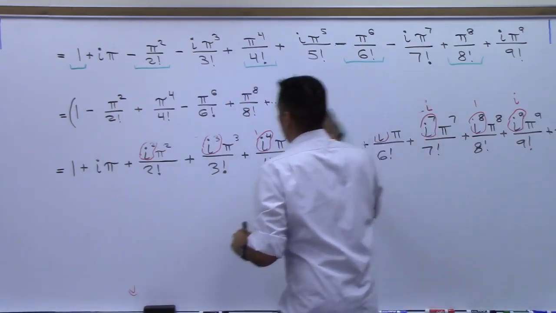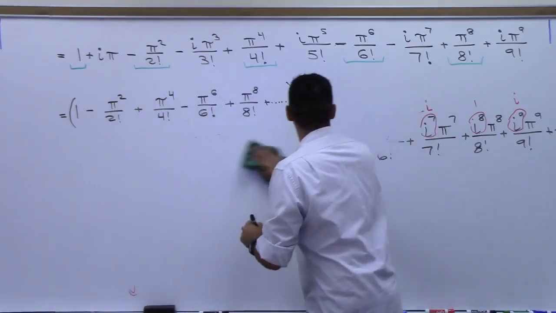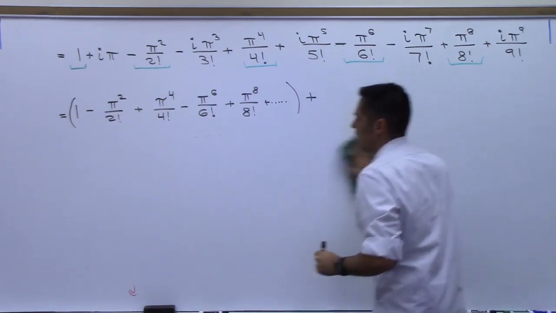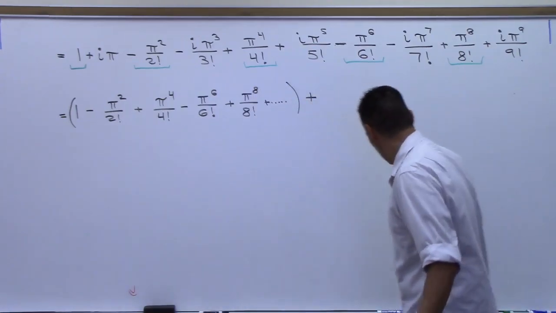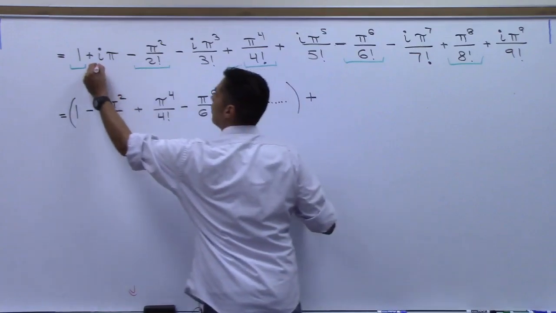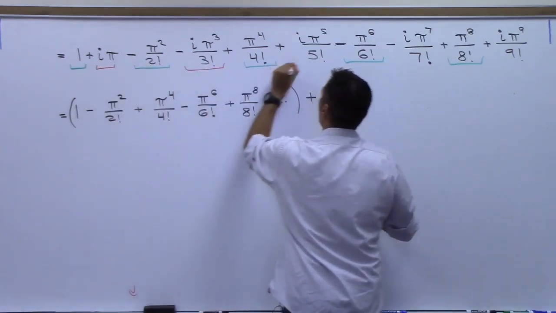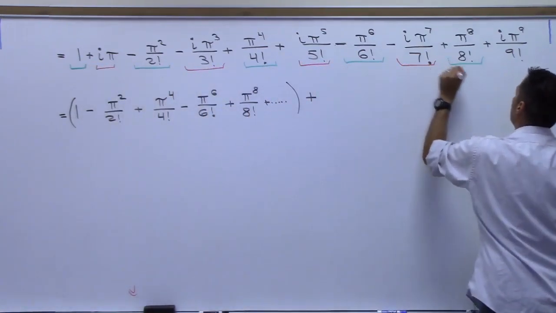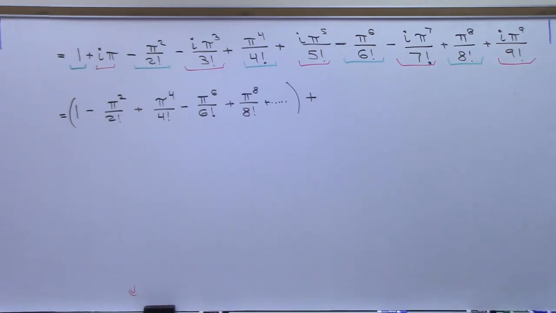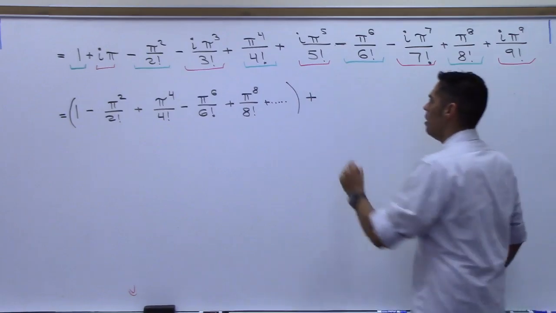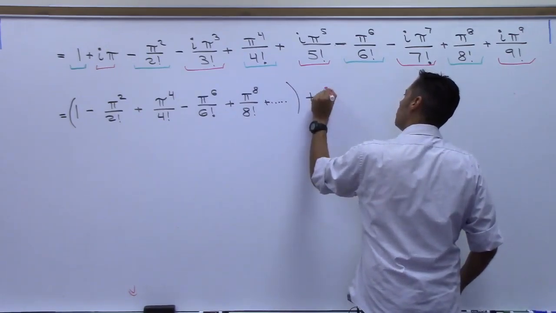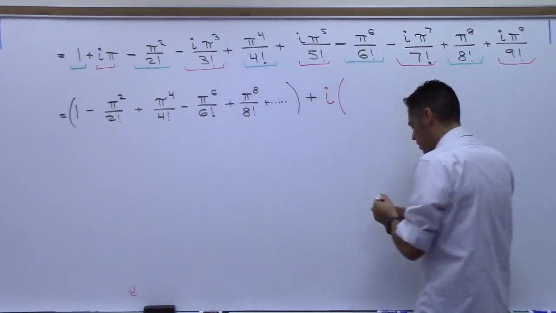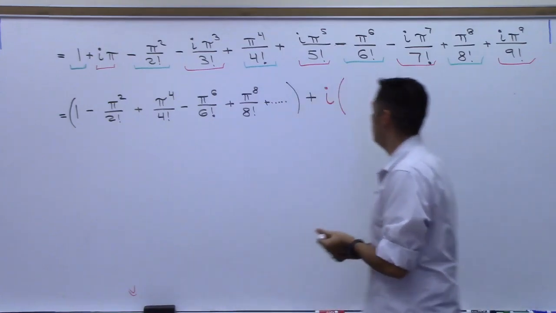plus, now I'm going to take everything that I did not underline in green, which all of the things here in red all have a what in them? An i. If they all have an i, I can factor an i out. So I'm going to factor an i out of every one of those red ones, and then tell me what you have in there.